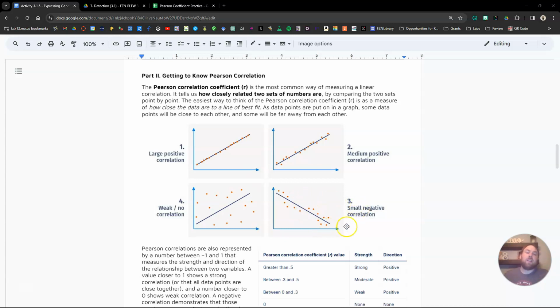Whereas a negative correlation, like this one right here, shows us that as Mike Smith's values go up for each gene, patient number one's values go down.